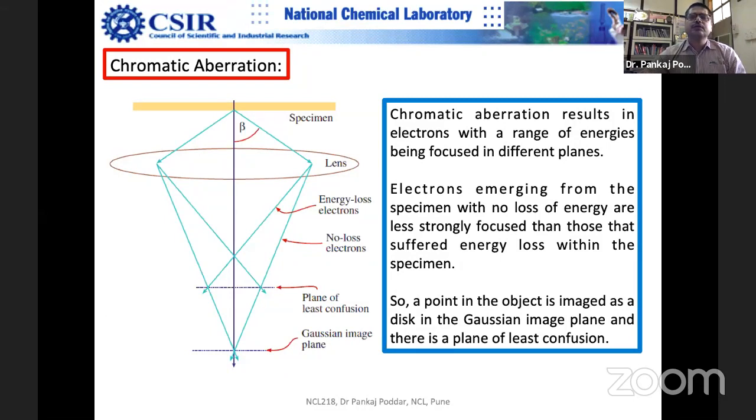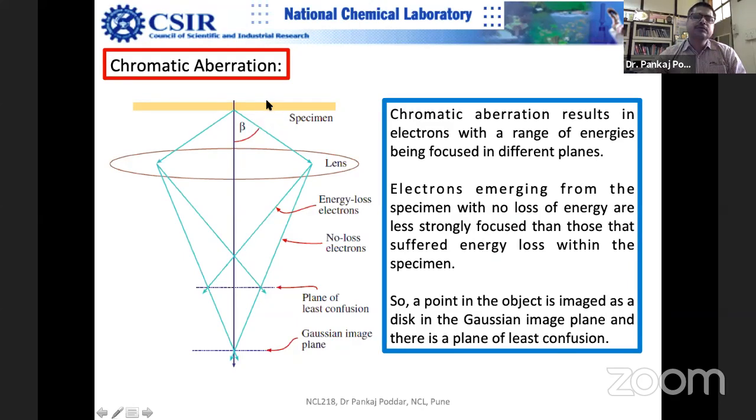Suppose one electron of 300 keV underwent energy loss in kicking out a secondary electron. The outgoing electron will end up contributing to the chromatic aberration. Here, the thicker the sample, the more of these inelastic processes will happen.